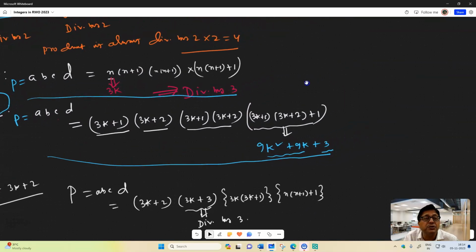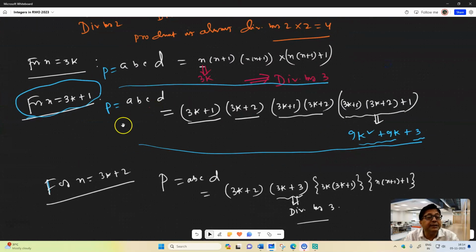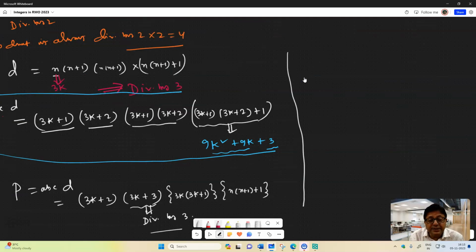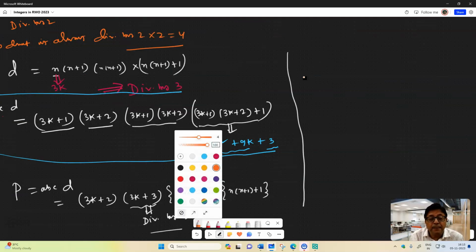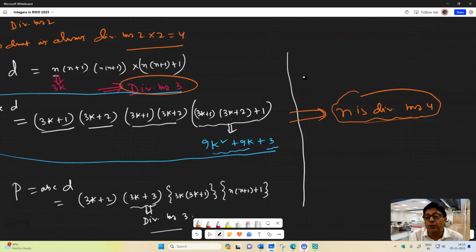If you draw the conclusion, we have drawn the conclusion here, it is divisible by 4. Now by putting n equal to 3k plus 1 and 3k plus 2 and studying case by case, we observe that the product is divisible by 4. So when divisible by 3 we have seen, now we are seeing divisible by 4.